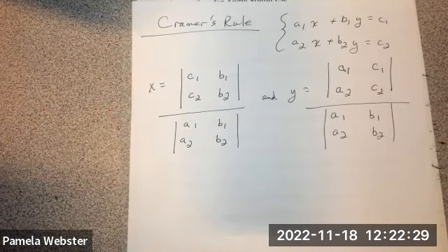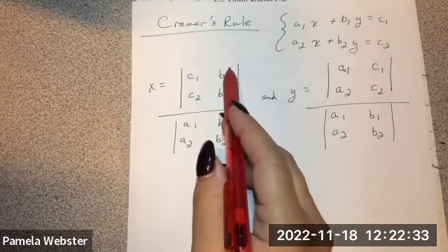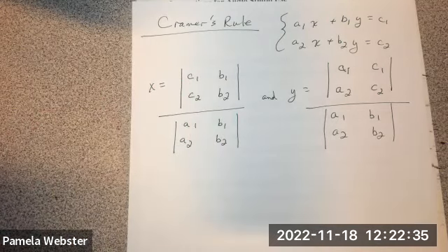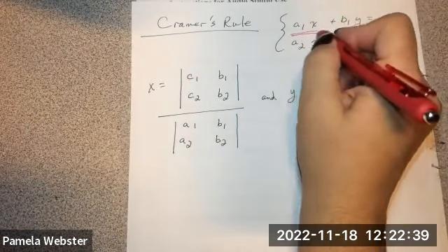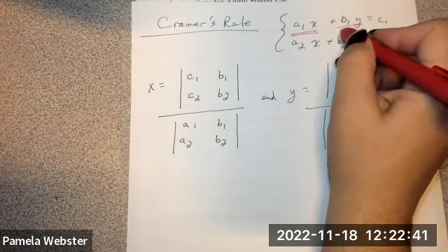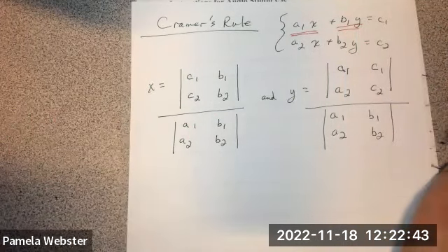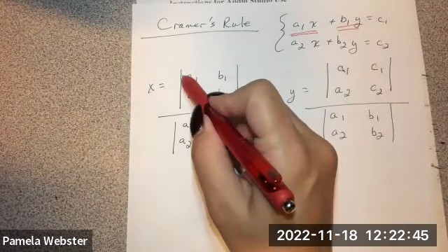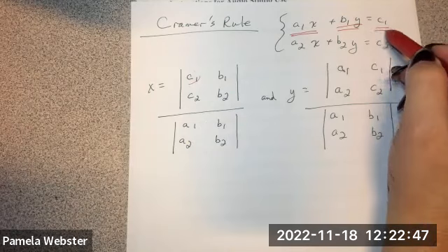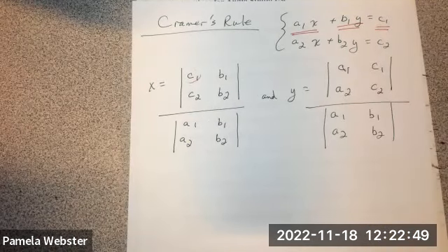And again, it looks kind of ugly at first, right? We're sitting here going, ooh, C1, C2, B1, B2. But remember that these are coming from equations. So the A's always go with the X's. The first equation is always all the ones. So this C comes from right here. It's always the solution. So A's, B's, and C's.